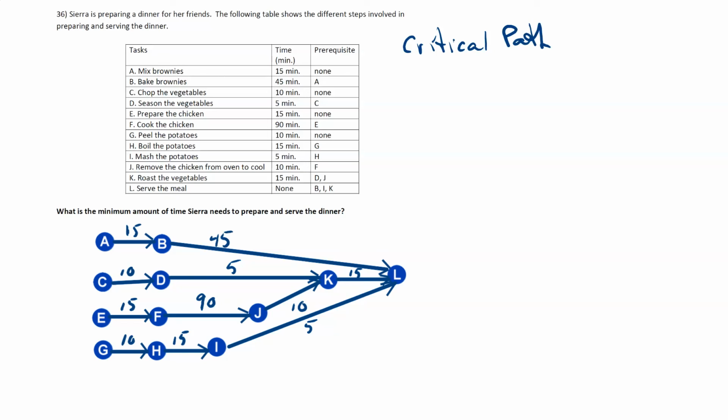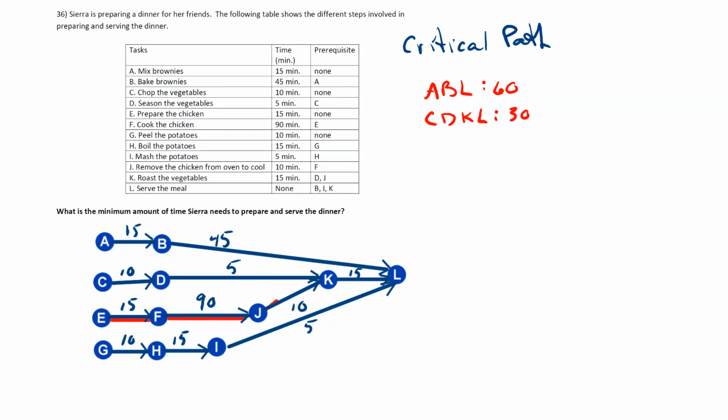To find the critical path, we add up all of the paths and figure out which is the longest. A to B and B to L is 60 minutes. CD, DK, KL is 30 minutes.